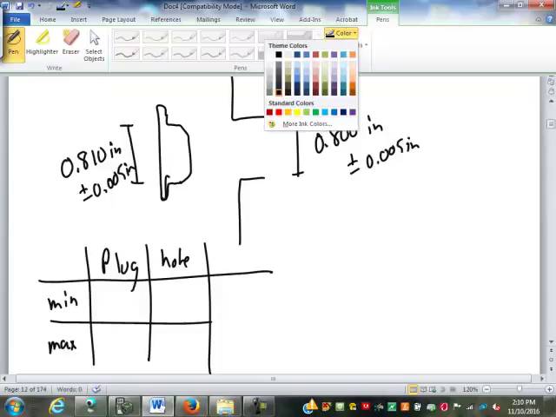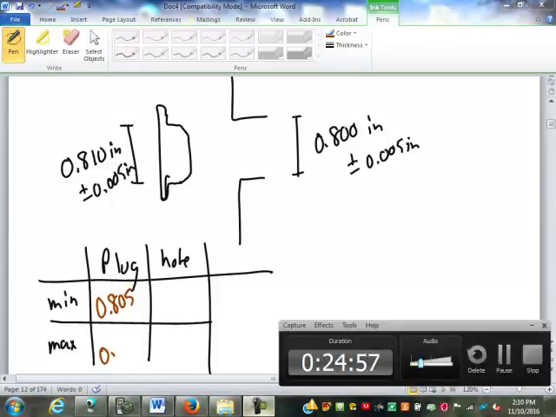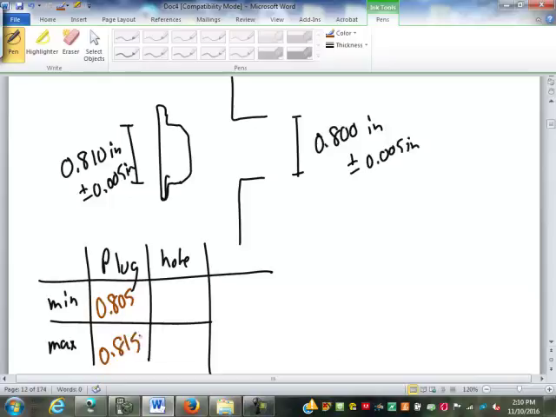What is the minimum size of our plug? 805. What is the maximum size of our plug? 815. For our hole, what is the minimum size of the hole? 795. Maximum?